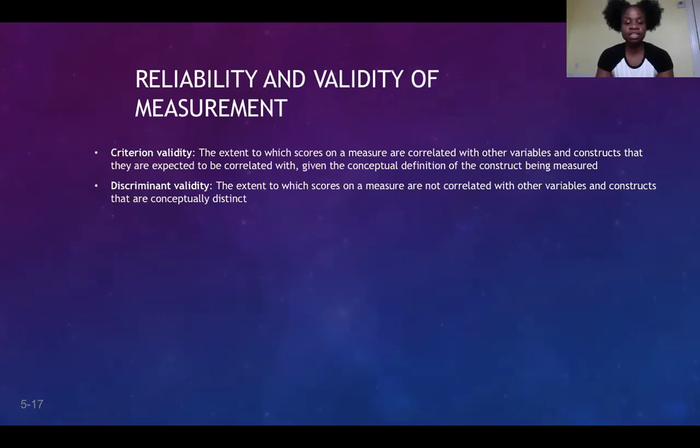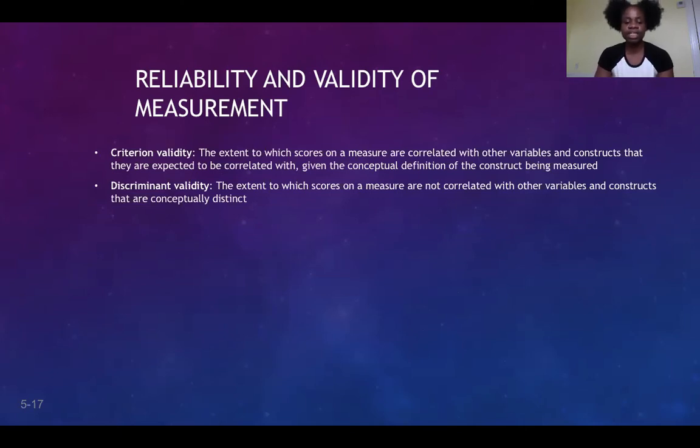There are two distinct criteria by which researchers evaluate their measures: reliability and validity. Reliability is consistency across time and across items. Remember, those are test-retest reliability across time, and internal consistency across items.